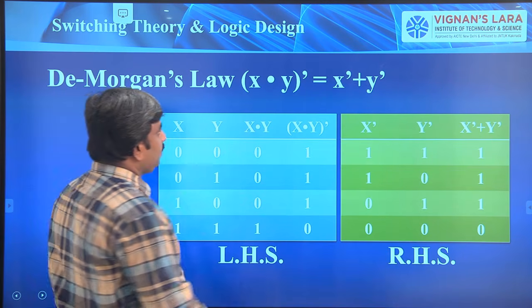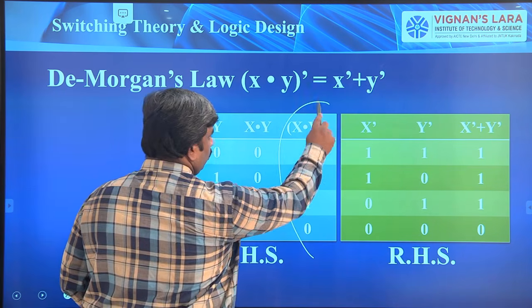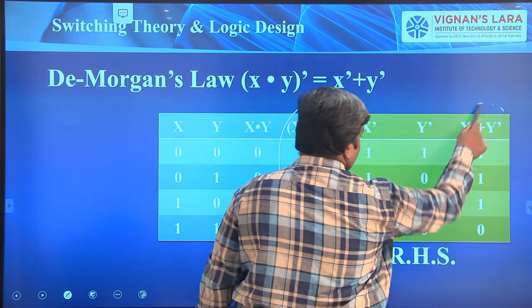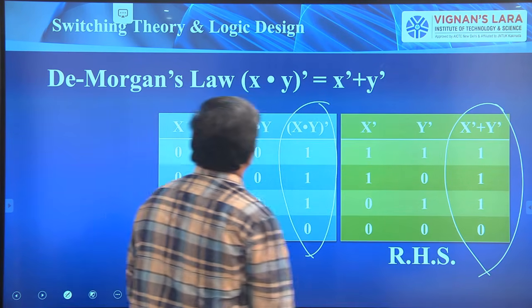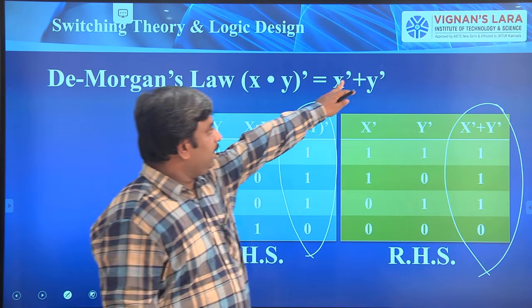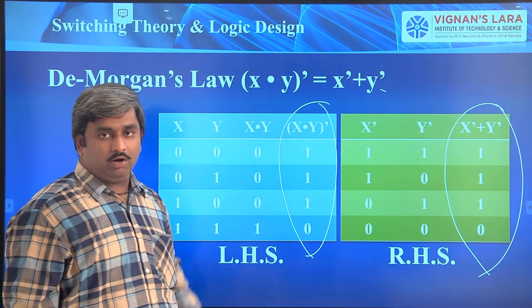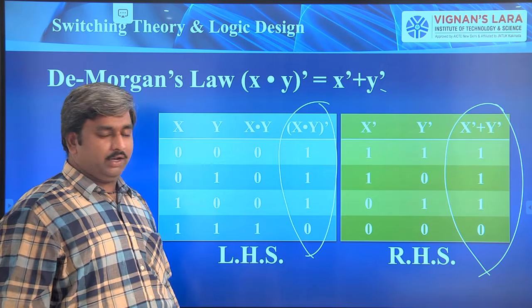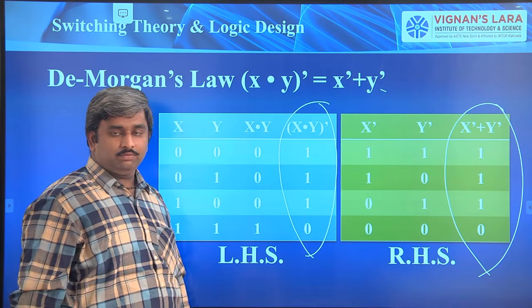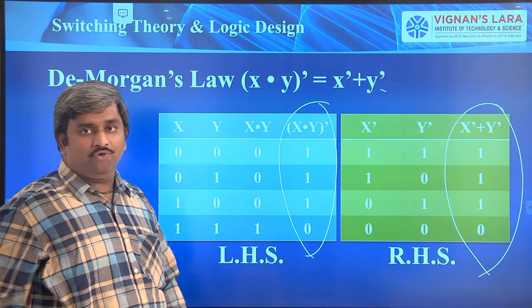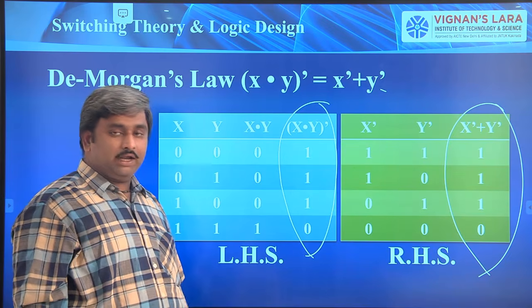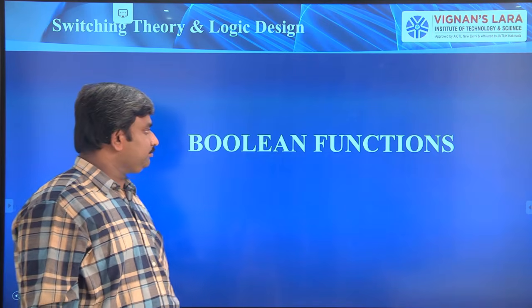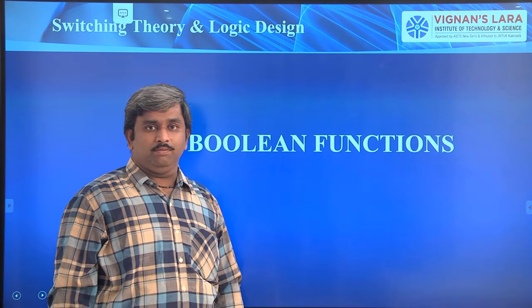Check these two: x dot y whole bar and x bar plus y bar, are they the same or not? So LHS is equal to RHS. So this is the second law of De Morgan's theorem. In the next video, we will see Boolean functions.